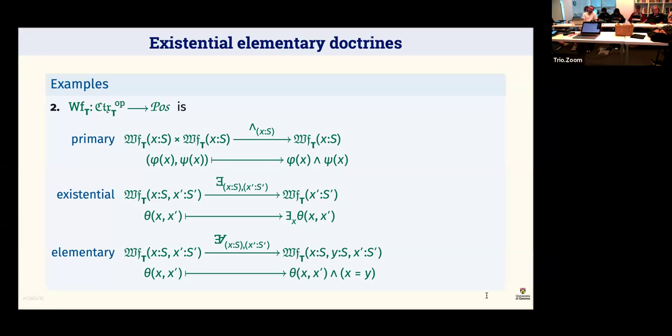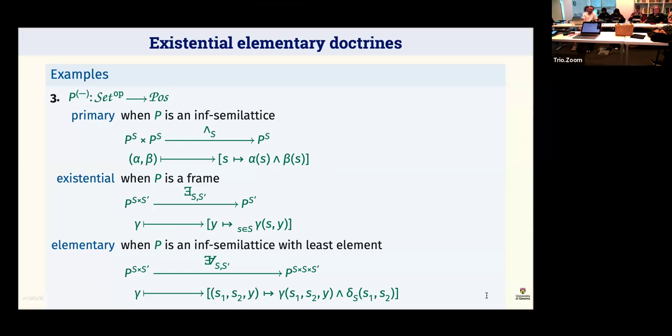And the structure of elementarity comes from acting on a formula with two variables by turning it into three variables by adding an identity between the first variable and the one inserted there. You may wonder why the equality appears all the time, but we'll get to it. The instance of the p-valued sets.